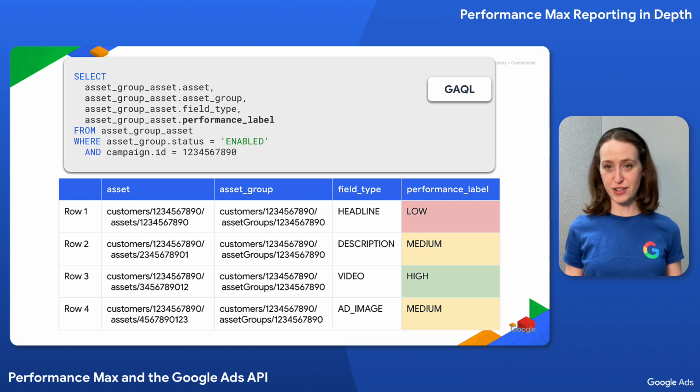Taking this a bit further, you could show the high-performing assets of that type as examples of what leads to stronger performance. Note that it's possible that an asset group will have no assets with a low performance label. This means that all assets are considered to be working well towards your specified business goal.